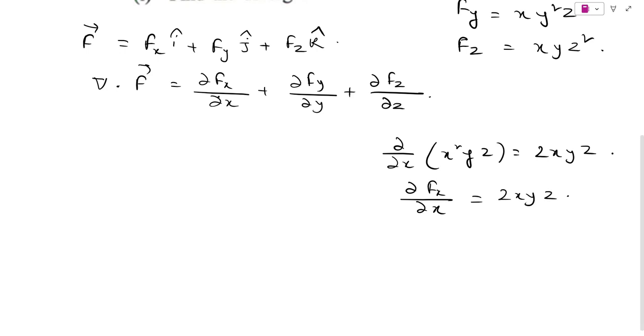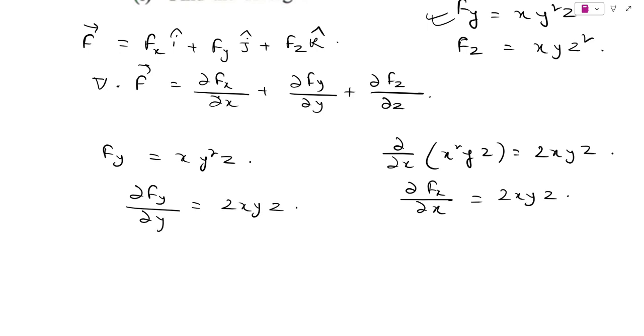Now differentiate the y component. Fy is x y square z, so differentiate with respect to y, treating x and z as constants. So the derivative of y square is 2y. So we can say del fy del y is 2xyz.